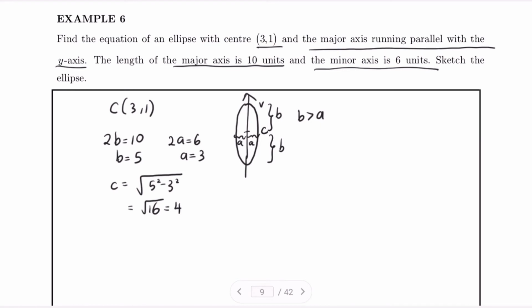We already know our center, which is 3, 1. From the shape, H will remain the same. For the foci, H remains the same, and for K you need to add 4. So 1 plus 4 is 5, and the other one is 1 minus 4, which is negative 3.